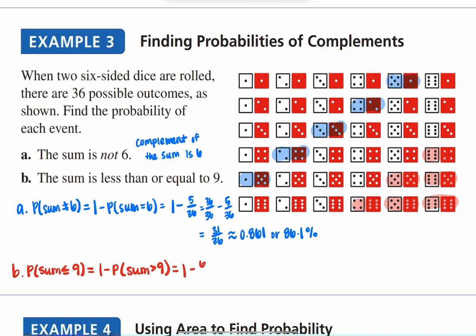1 minus 6 over 36. So again, that's like I have 36 over 36 minus 6 over 36. 36 minus 6 is 30 over 36. We'll always simplify our fraction, so we'll divide both of those by 6 and get 5 over 6.